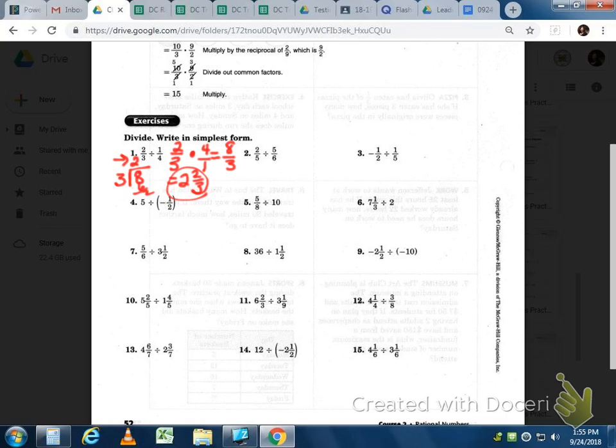Number 3. Is there somebody that hasn't gotten a ticket that would like to try number 3? All right, Mason, would you like to try number 3? Yeah. All right, it's negative 1/2 divided by a positive 1/5. What are you thinking? Negative 1/2 times 5/1. Yes, negative 1/2 times 5/1. Now what?